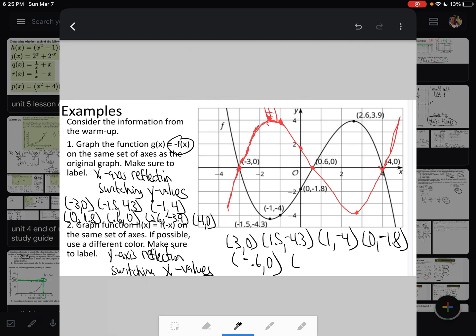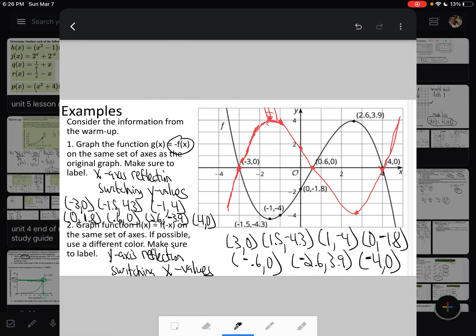Sixth point, 2.6 will change to negative 2.6. 3.9 stays the same. And then the final point, 4, switches to negative 4, and then 0 stays the same.